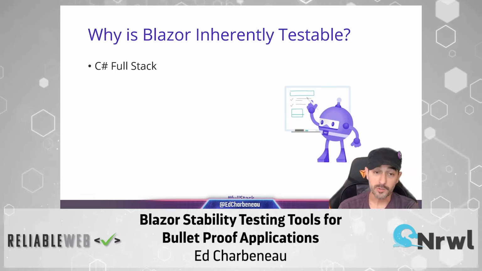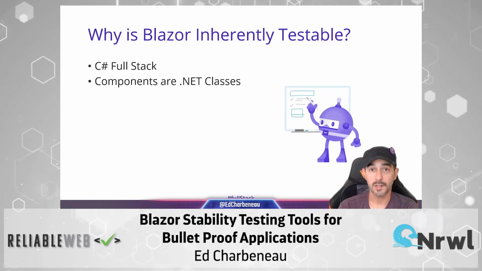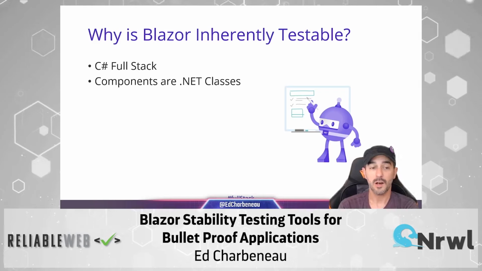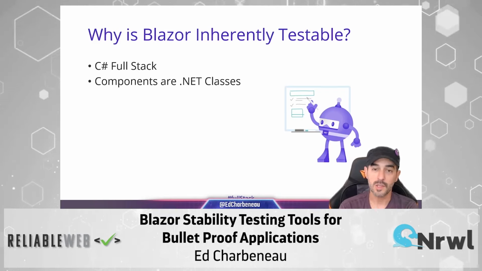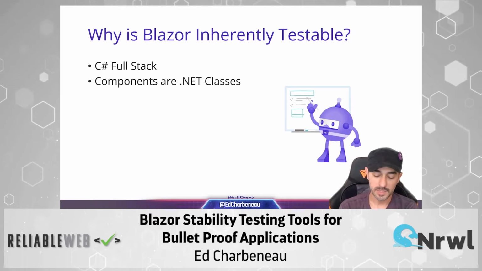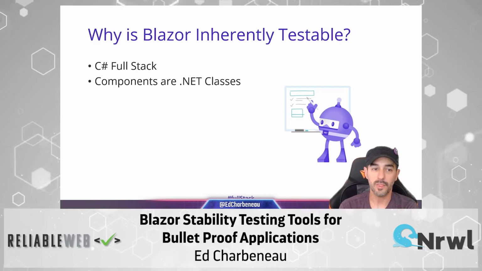So for me, Blazor is a full stack C# framework that we can use to build components that are based off of .NET classes. So these things, to me, identify Blazor as a very inherently testable thing.